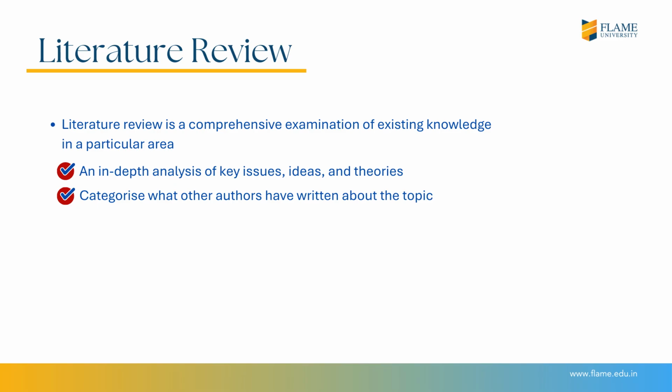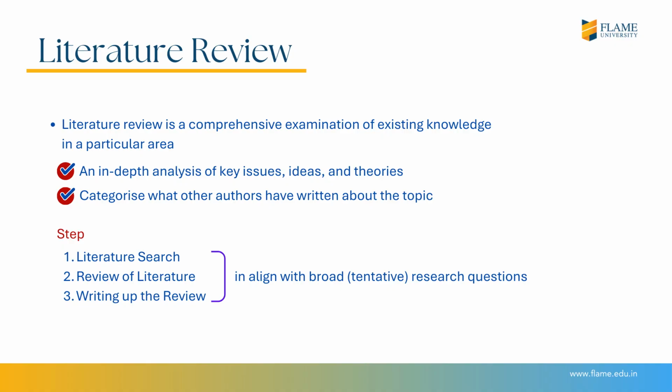It is not a summary or a list of views on the articles you read, but a synthesis of arguments, issues, theories, or findings. It is a comprehensive and critical evaluation of existing knowledge in a subject area with the purpose to know what has been and what has not been studied.